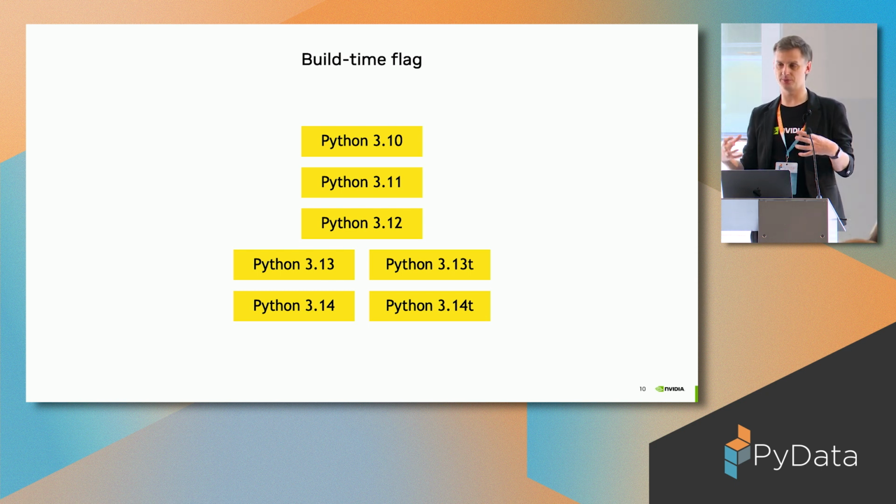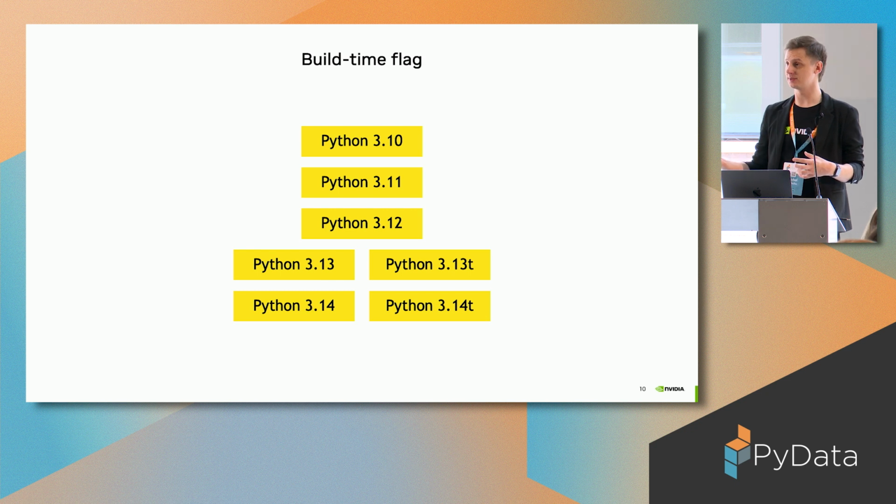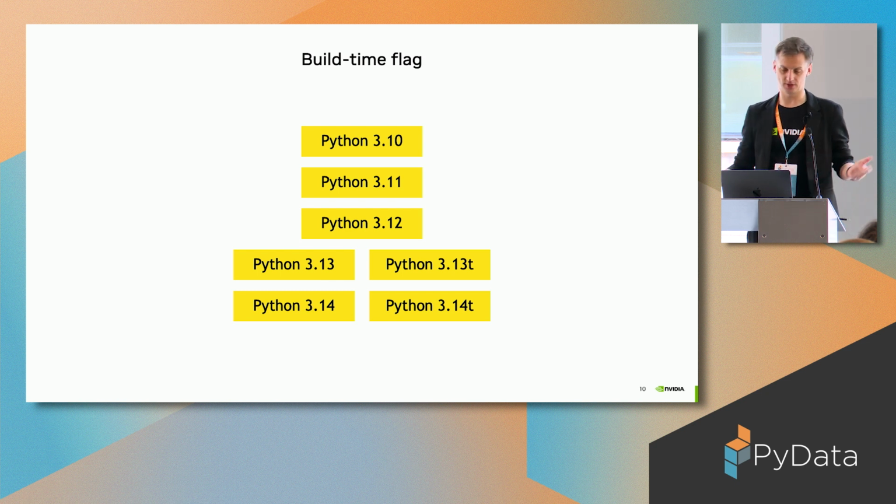The interpreter is a program written, for example, in C, so CPython. CPython is the most common interpreter. There are others like Jython. However, I would say that in 90% of cases we have CPython. The build time flag is passed to CPython when it's being built. And of course, the GIL is a member of CPython also.